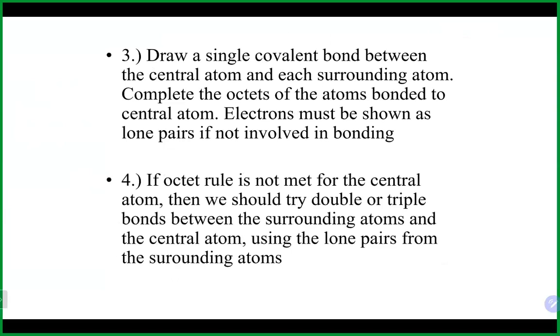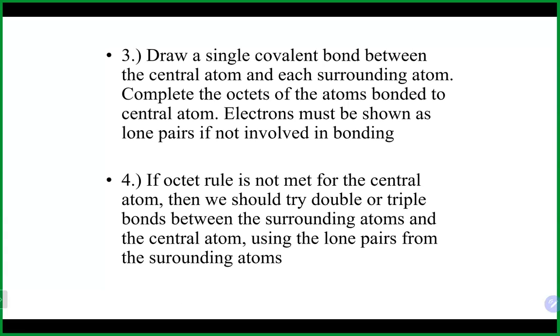The next thing that you want to do is, now that you have the logical arrangement and you know the total number of valence electrons that you should have in your picture, and again, that total number is important because you have to have exactly that number when you are done drawing. You want to make one single bond from the center to each of the outside atoms. And at that point, you will still have some electrons left over.